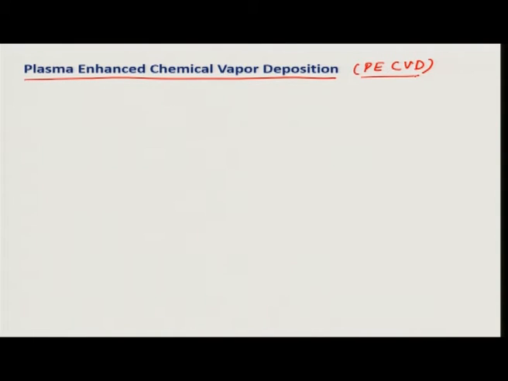Suppose we are using a reaction for deposition of, let us take an example of nitride. If we are depositing silicon nitride using 3 SiH4 plus 4 NH3, this is 3 silane and 4 ammonia, both are gases, you are doing this reaction to deposit Si3N4, which is a dielectric film, on your silicon substrate, and you will get 12 hydrogen.